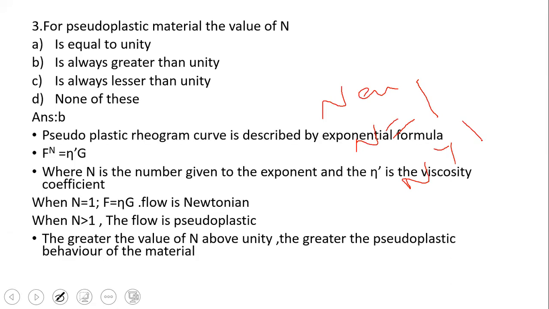The pseudoplastic rheogram curve is described by the exponential formula F raised to N is equal to eta dash G, where N is the exponent and eta dash is the viscosity coefficient. When N is equal to 1, flow is Newtonian. When N is greater than 1, flow is pseudoplastic.